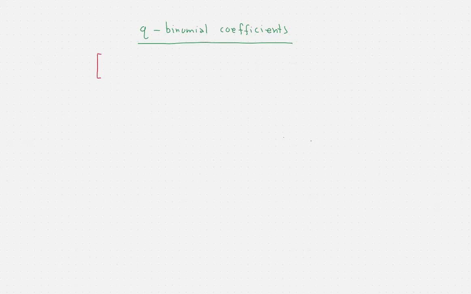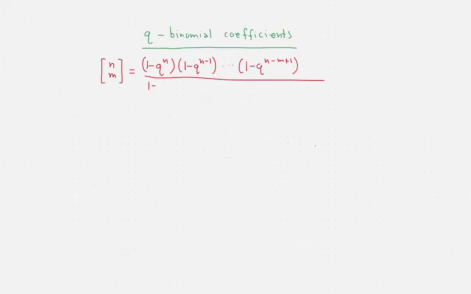So n over m in the square bracket is (1 minus q to the n) times (1 minus q to the n minus 1) all the way to (1 minus q to the n minus m plus 1), divided by (1 minus q to the m), (1 minus q to the m minus 1), all the way down to (1 minus q). So that's how we define this.